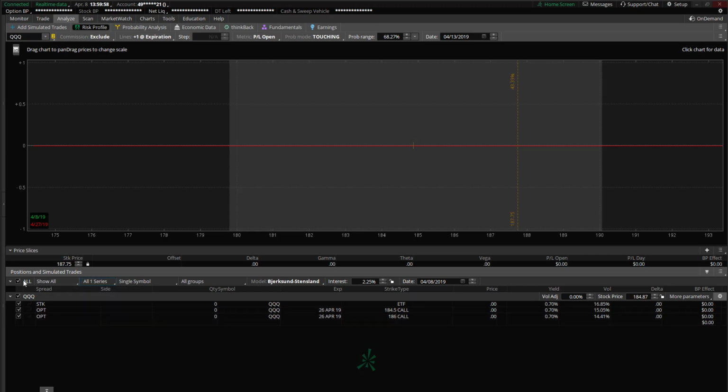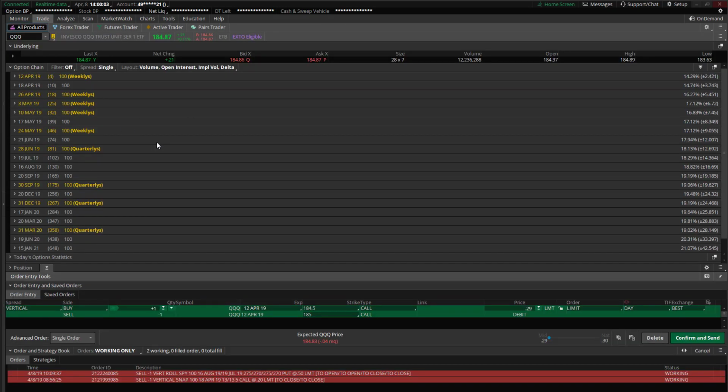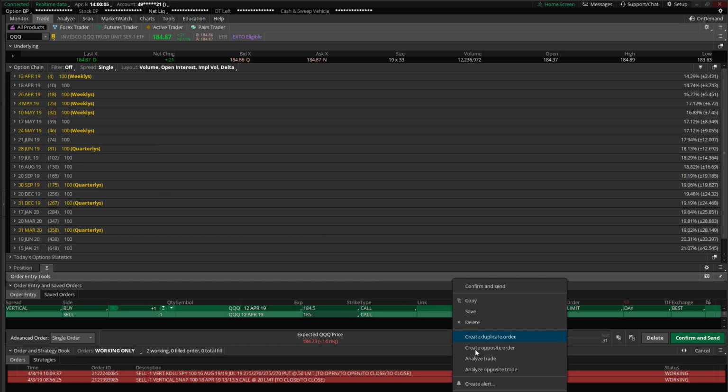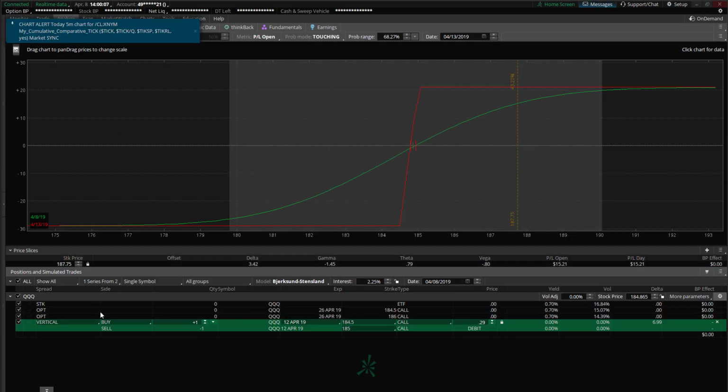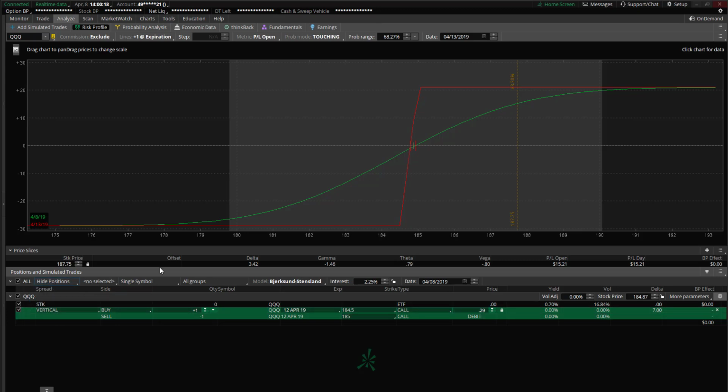And then for here where it says show all, if I want to analyze a trade, for an example, this one, if I had a position on, it would interfere with the trade that I'm trying to analyze. And I would need to go in and turn my trade off, hide my position, so that I would be analyzing the trade that I built and not applying that trade to the positions that I'm already in, which is something that you absolutely can do.